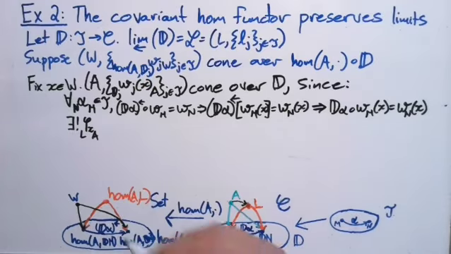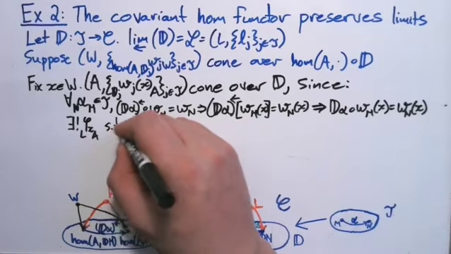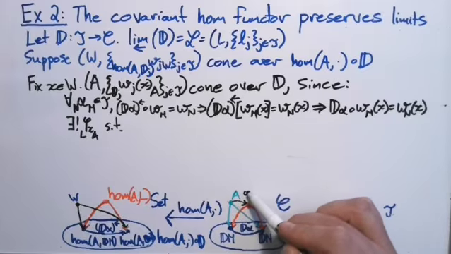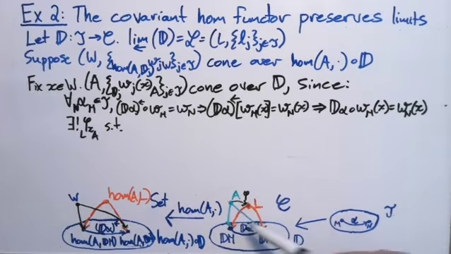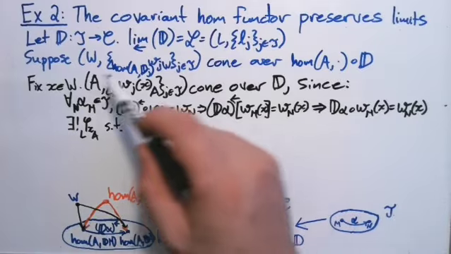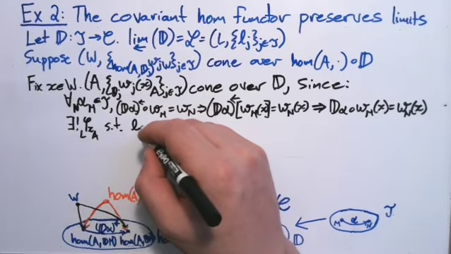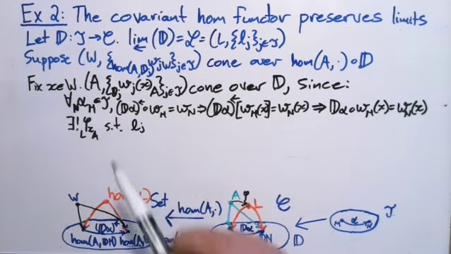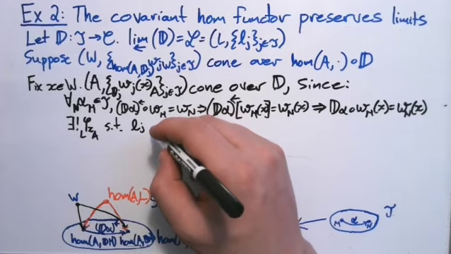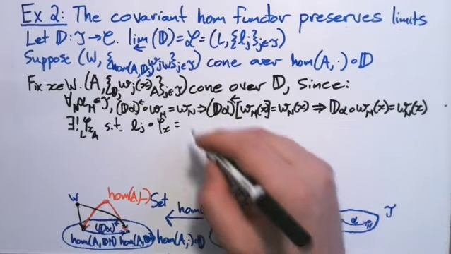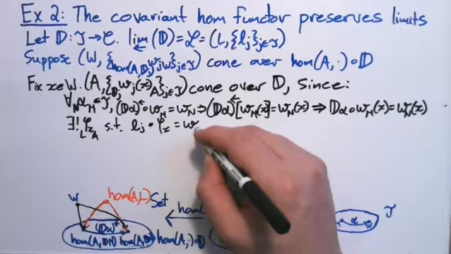And that phi is such that basically all of these legs commute with all of the legs of L through phi, right? That's what it means for this to be a cone morphism from this cone to our limit. So that is such that Lj after phi of x is equal to Wj of x.